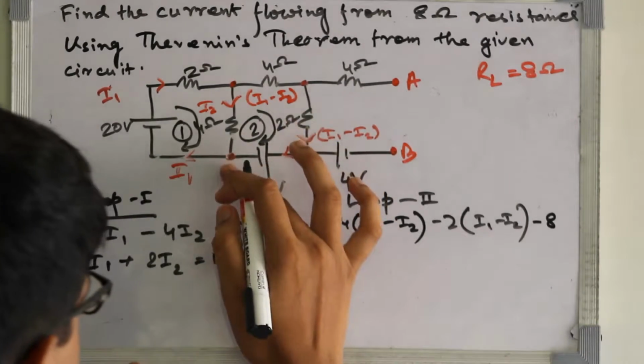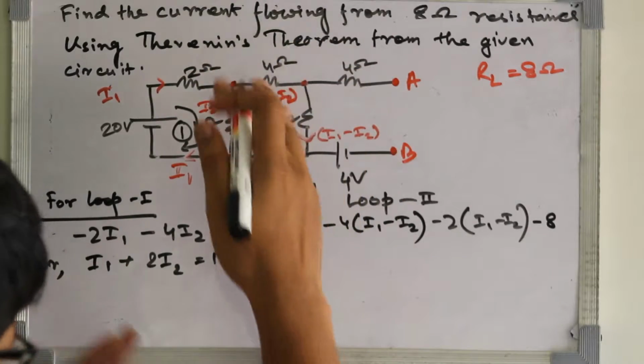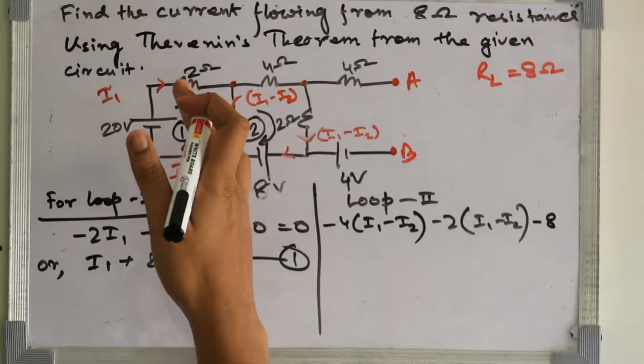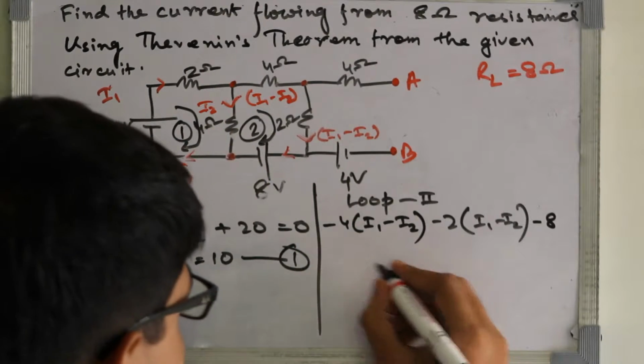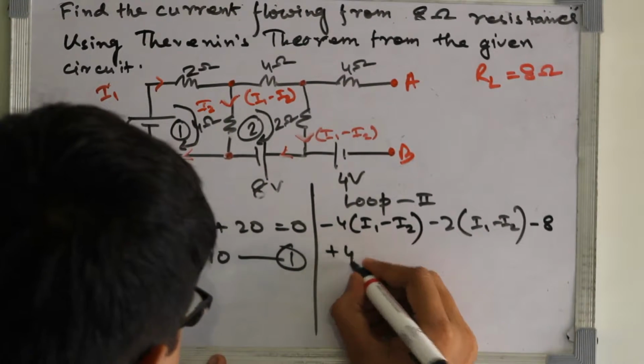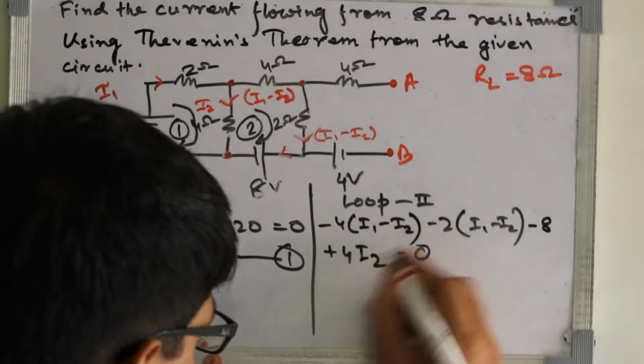And then after that you see that the current I2 is flowing from here, and we are going upside, so this will be plus 4I2, equals to 0.